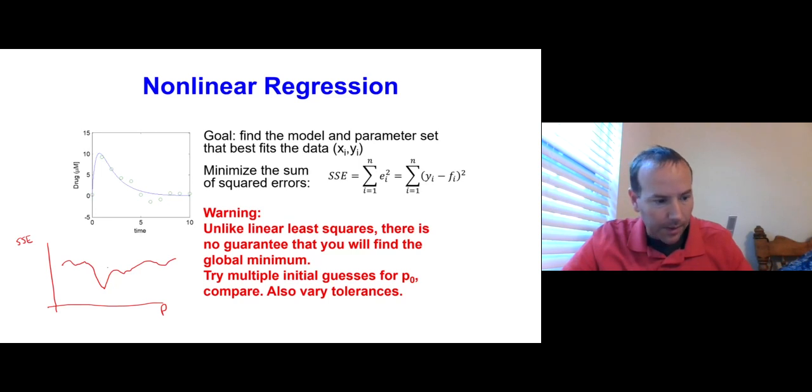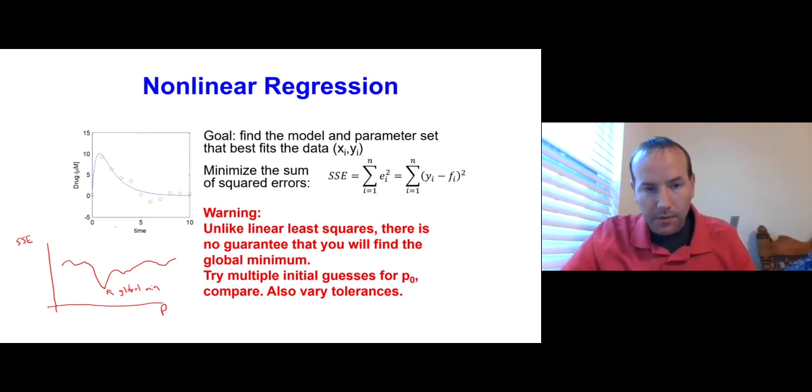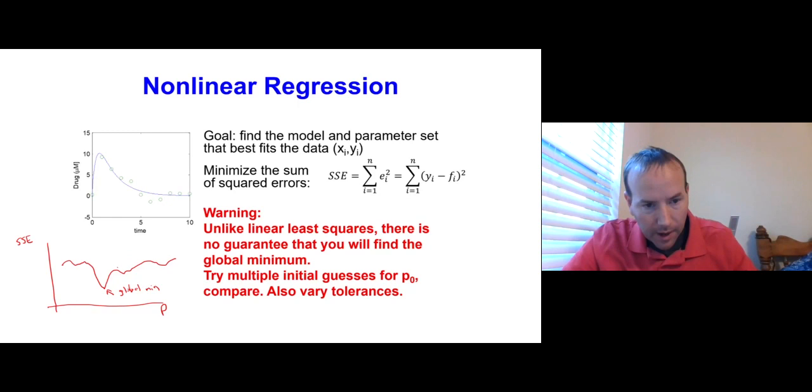That's kind of complicated. And so this could be a global min, which is what you might be looking for, and that would be where the parameters are the best fit. But your algorithm could get stuck in local minima, and you're going to have to know how to deal with that.